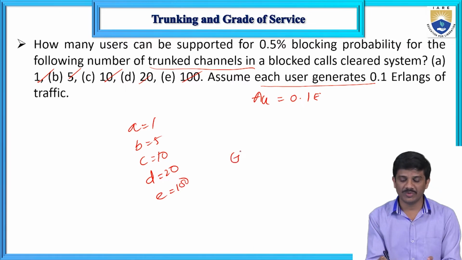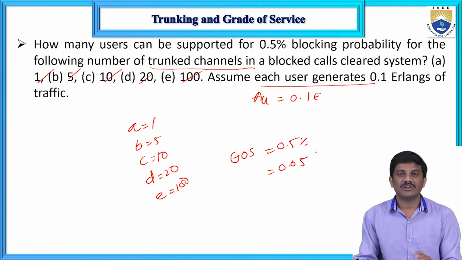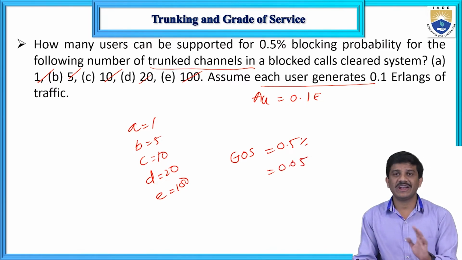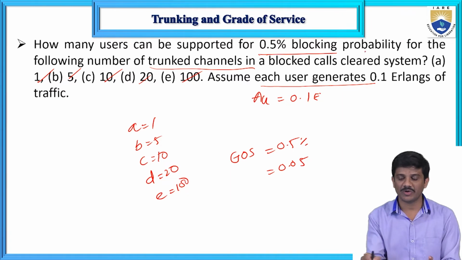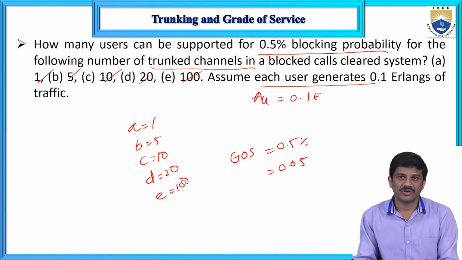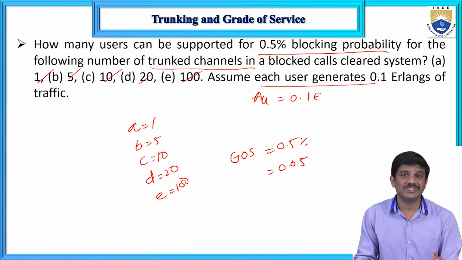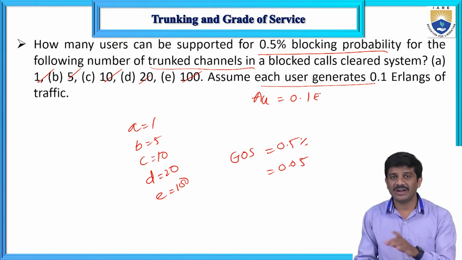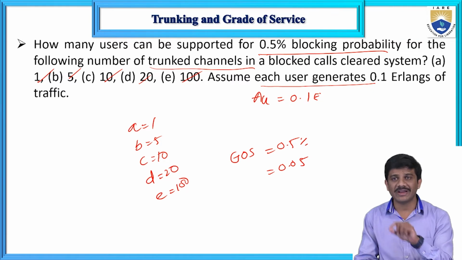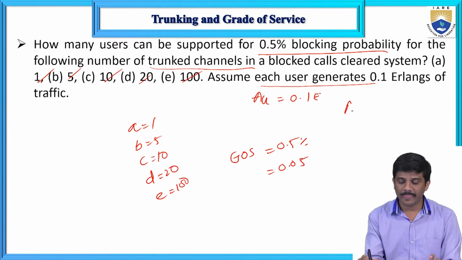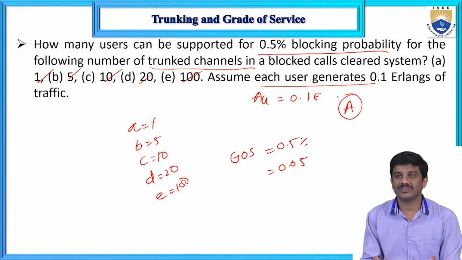The blocking probability GOS is 0.5%, so we can write 0.005. That is the grade of service, the blocking probability they gave in the question. Before that, we have to see the Erlang B system for the grade of service. Then you can find out the A value.